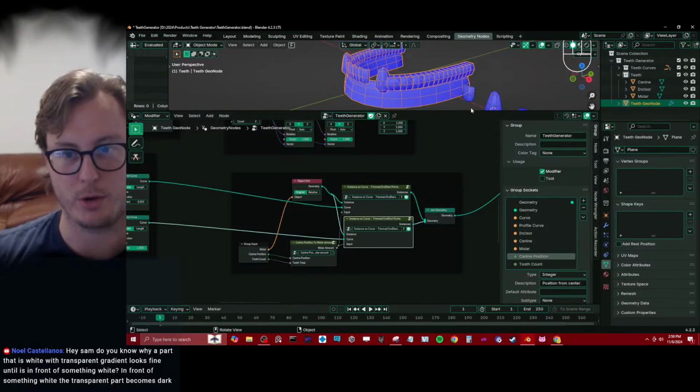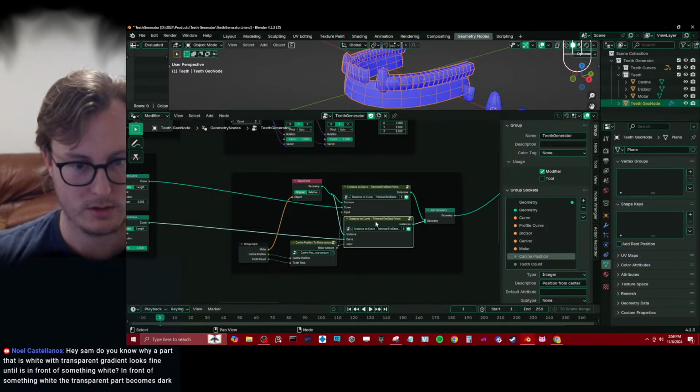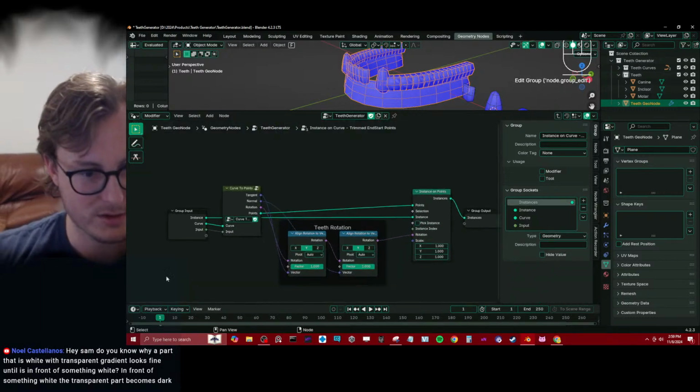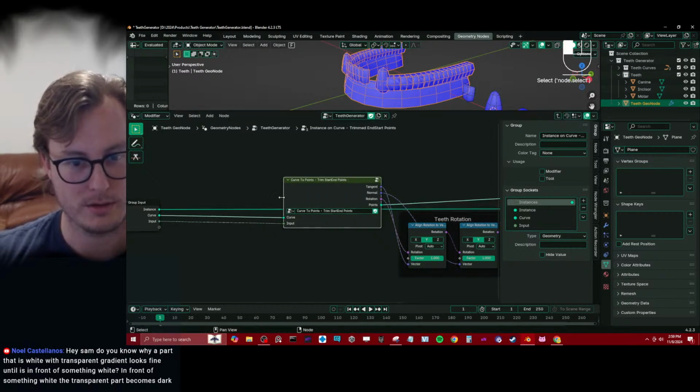And now they're both broken. Good. This should be getting rid of the start and end points.